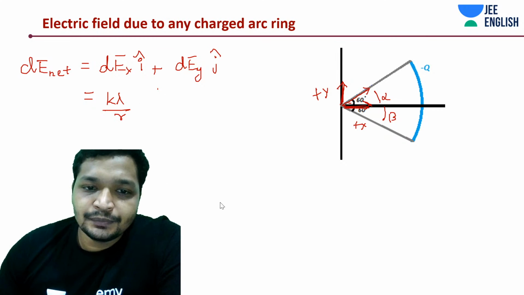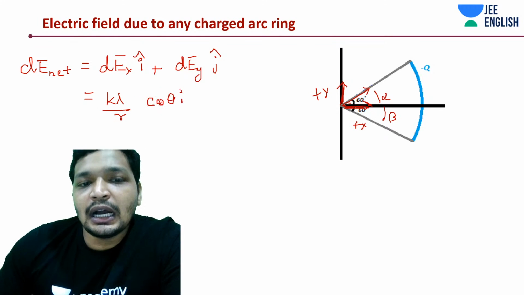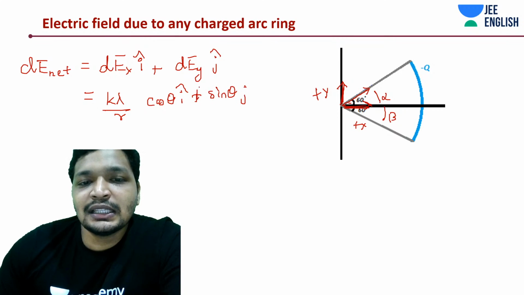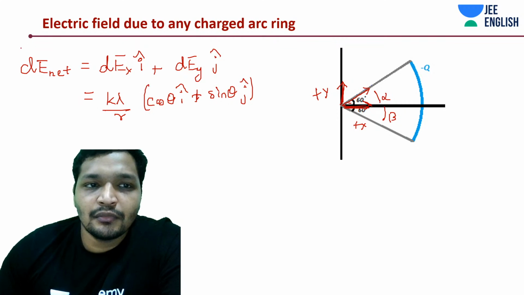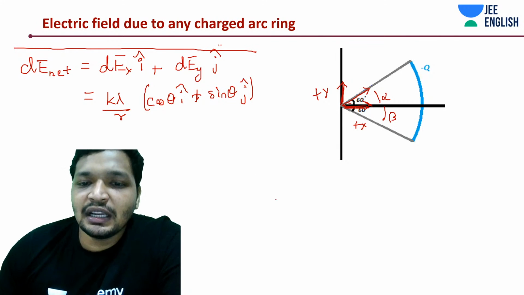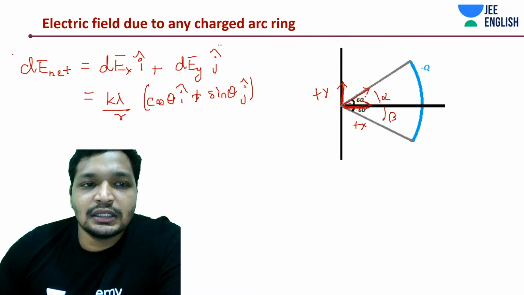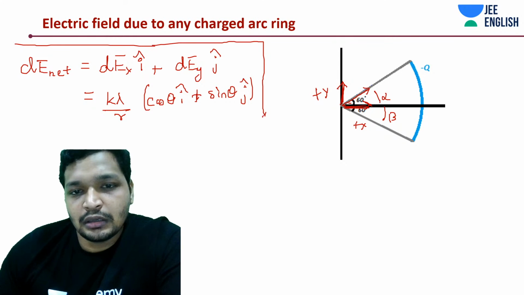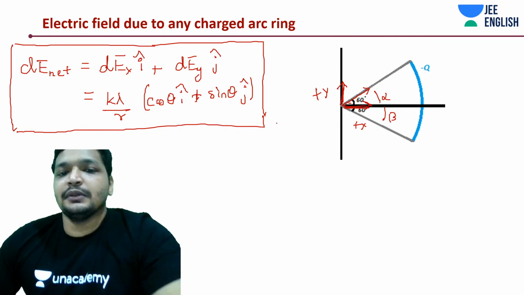However you take your theta, integrate accordingly. Cos theta i cap plus sin theta j cap. Just a standardized form. I did nothing. The one that we derived in the last model problem, I just pulled it out and wrote this. Right, this should be clear.